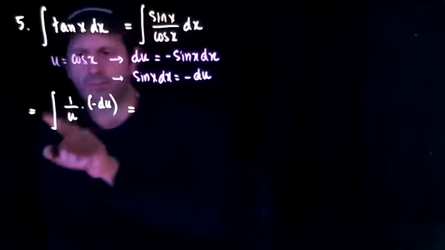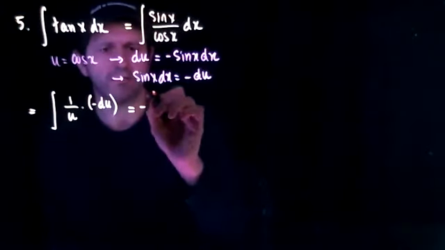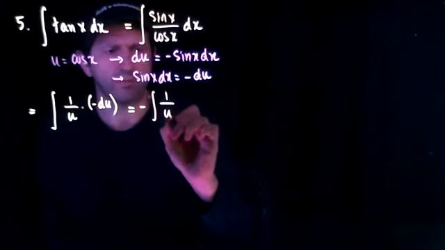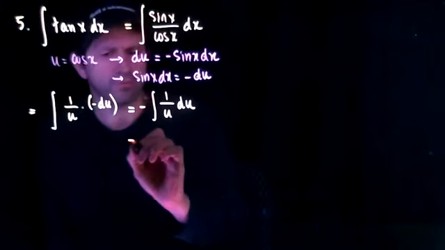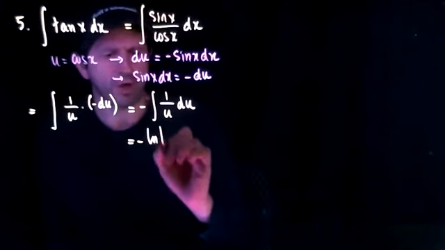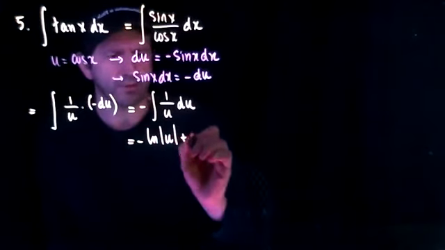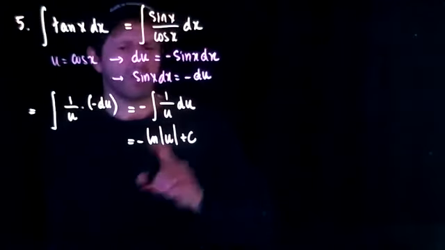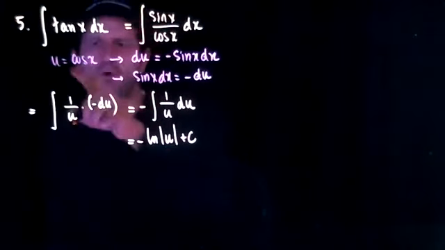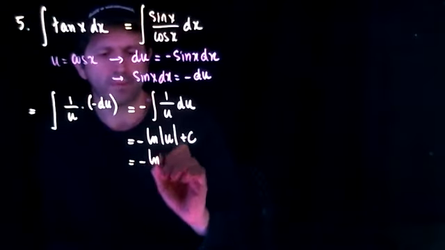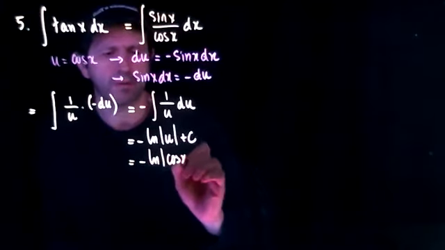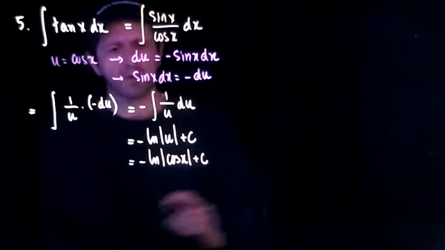And I could pull out the minus, so negative integral of 1 over u du, and we all know that this is ln of u, so it's going to be negative ln of the absolute value of u plus c. Then replace the u back by cosine and we're done. Okay, is that okay?